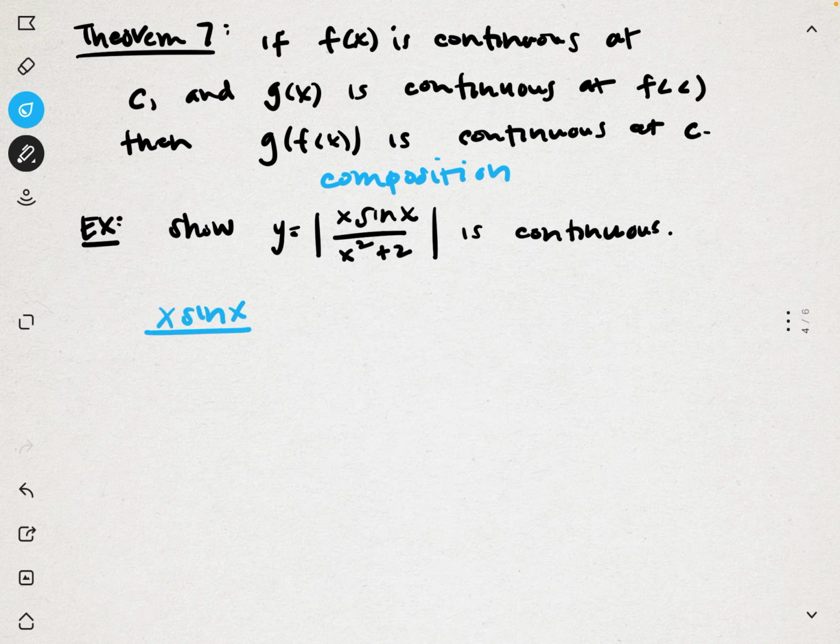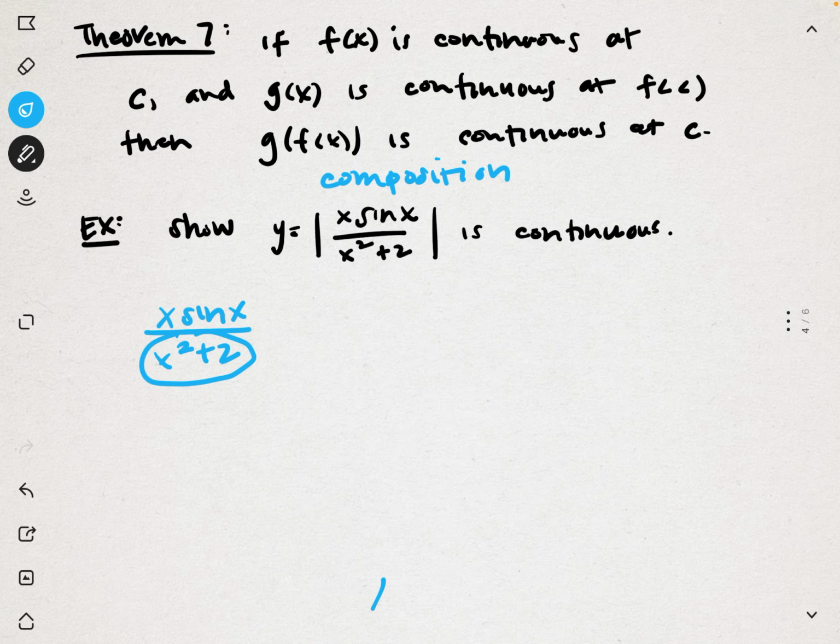Let's say this is the inside. What we know here is that this is continuous over the whole interval. We know this because when we're talking about discontinuity, the bottom part is what we're mainly focusing on. There's no way we're going to get a negative number in our denominator, because anything we put in there, positive is going to be positive, negative is going to be positive.